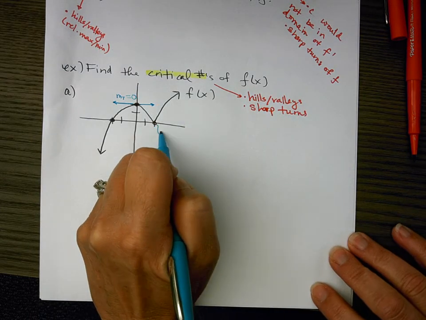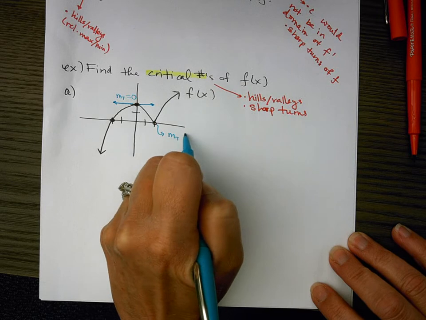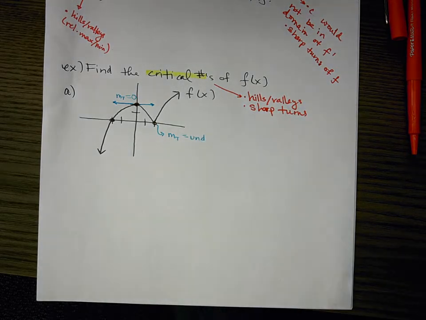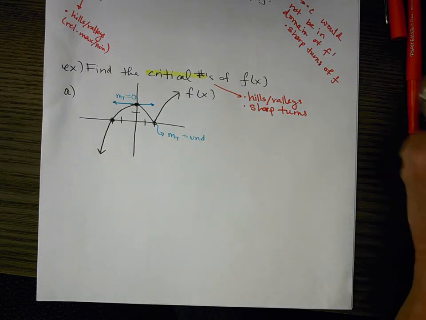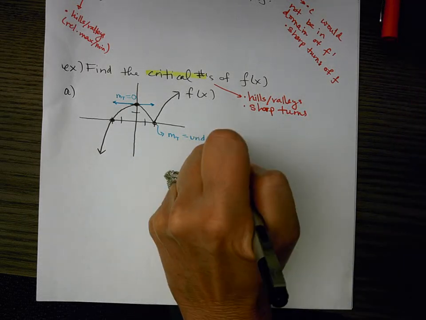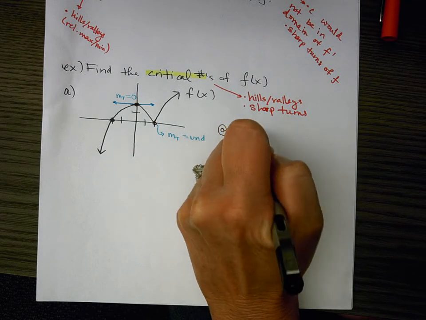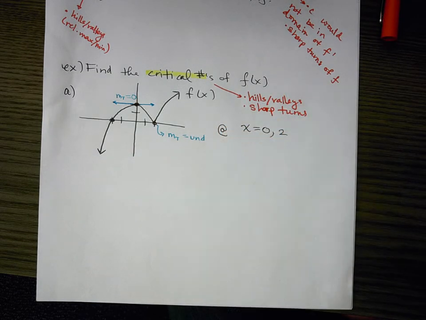The slope of tangent would be undefined, so f would not be differentiable there because I do have that sharp turn. Okay. So where are my critical numbers? My critical numbers would be at x equals 0 and 2. Okay, x equals 0 and 2. All right, so that would be just a graphical component.